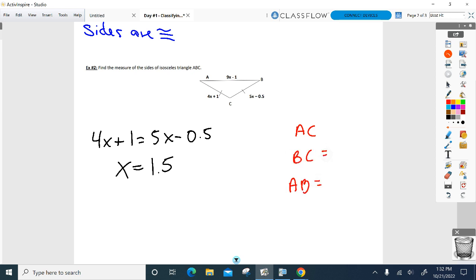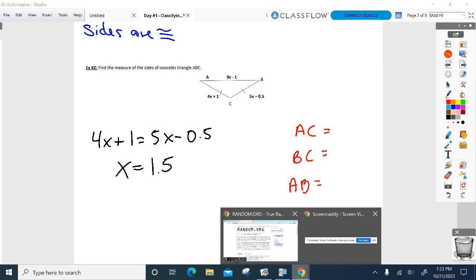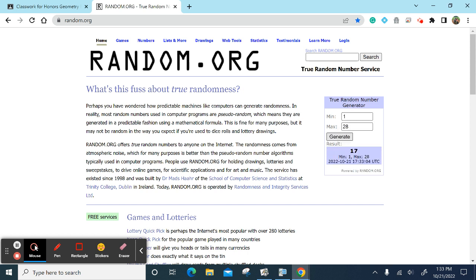And if we're doing this right, two sides should be the same length because it said it was isosceles. So plug it back in and let's talk. All right, when you have them, give them to me. 17 when you're ready.